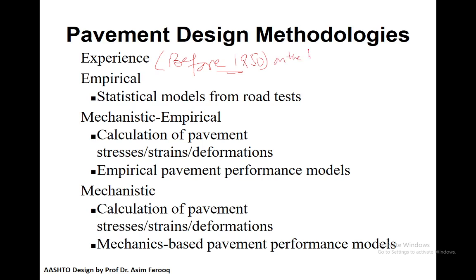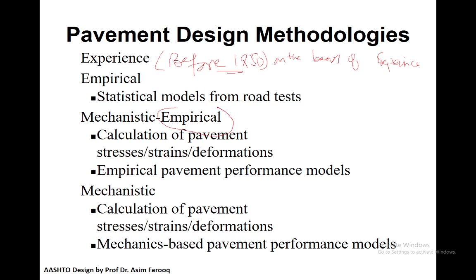But with the passage of time and technological advancement, the first empirical statistical models for the road test were derived in 1953, and then the mechanistic approach appeared. The only problem with the mechanistic approach is that it needs more comprehensive and sophisticated data from laboratory methods, while the empirical approach was completely based on field observation and experience.